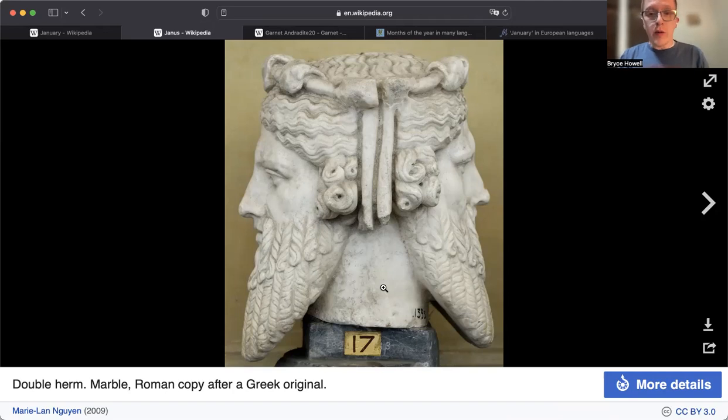I'm going to post some videos comparing the different pantheons and the overlaps and differences that each of the different pantheons have. For example, Roman and Greek pantheons often have a lot of overlap, and so they're lumped together.